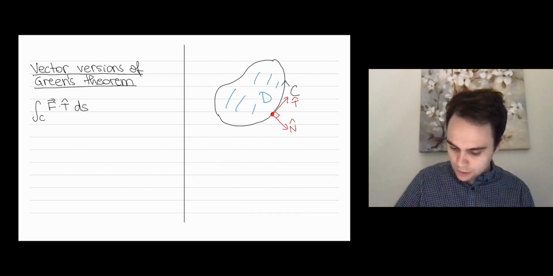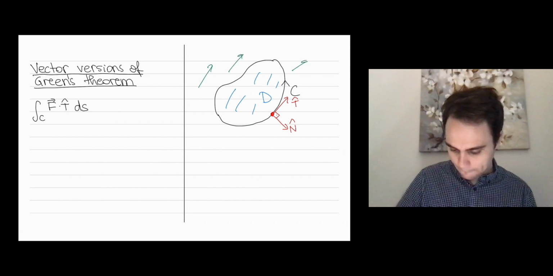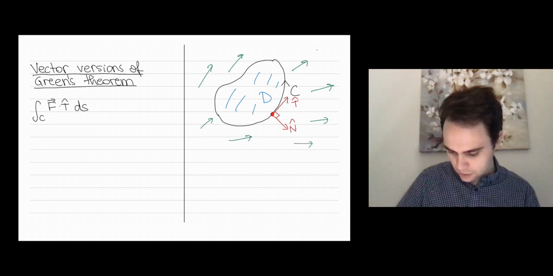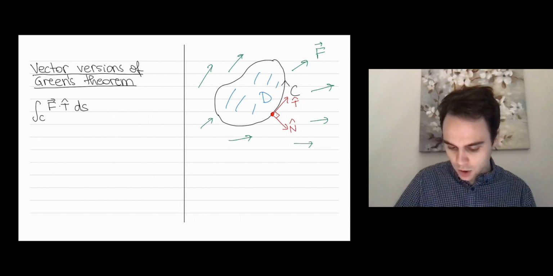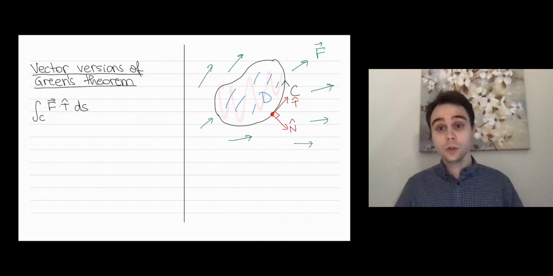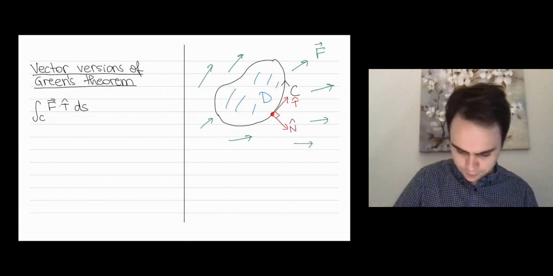And we also have a vector field defined along the curve C and inside, so defined on the whole of this region D, including the border.